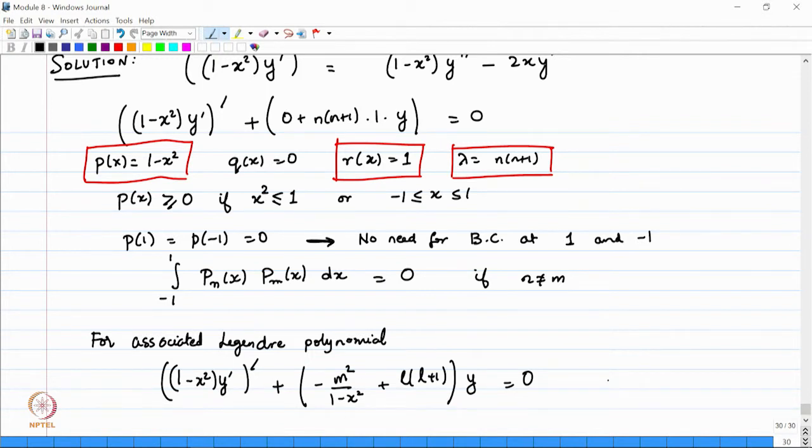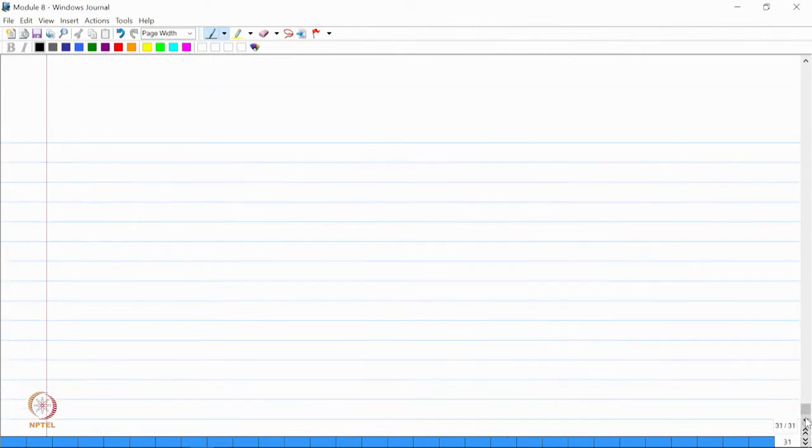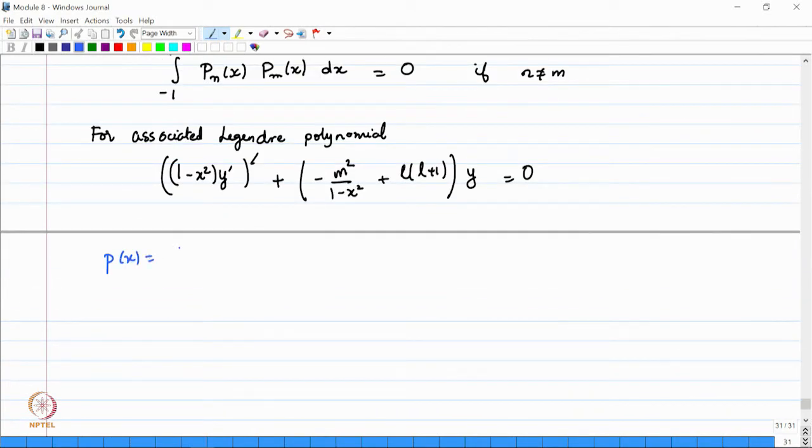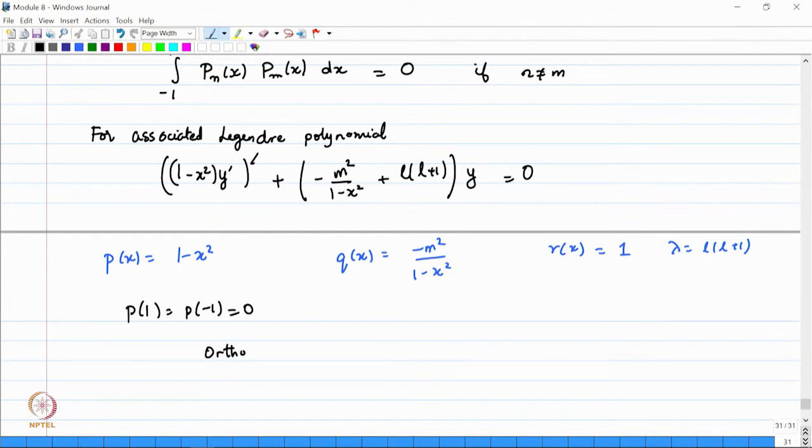So what we identify is that p of x equals 1 minus x squared, q of x equals minus m squared over 1 minus x squared, r of x is equal to 1, lambda equal to l(l plus 1), and we can immediately write the solutions. Again we have p of 1 equal to p of minus 1 equal to 0, so we can write the orthogonality condition as before.